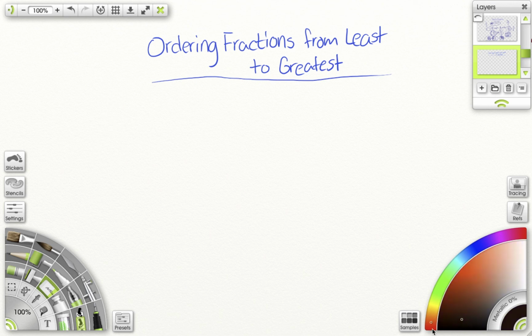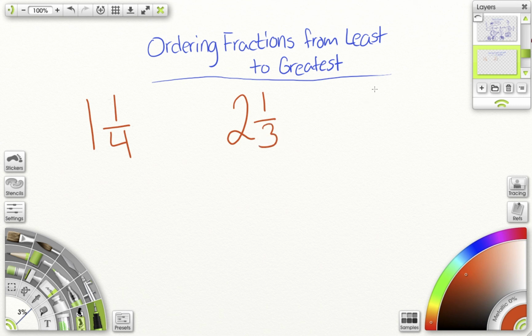So let's do 1 and 1/4, 2 wholes and 1/3, and 1 and 5/6. So I need to put these from least to greatest, so I'm just going to put my thing right here. So this is least, this is greatest.